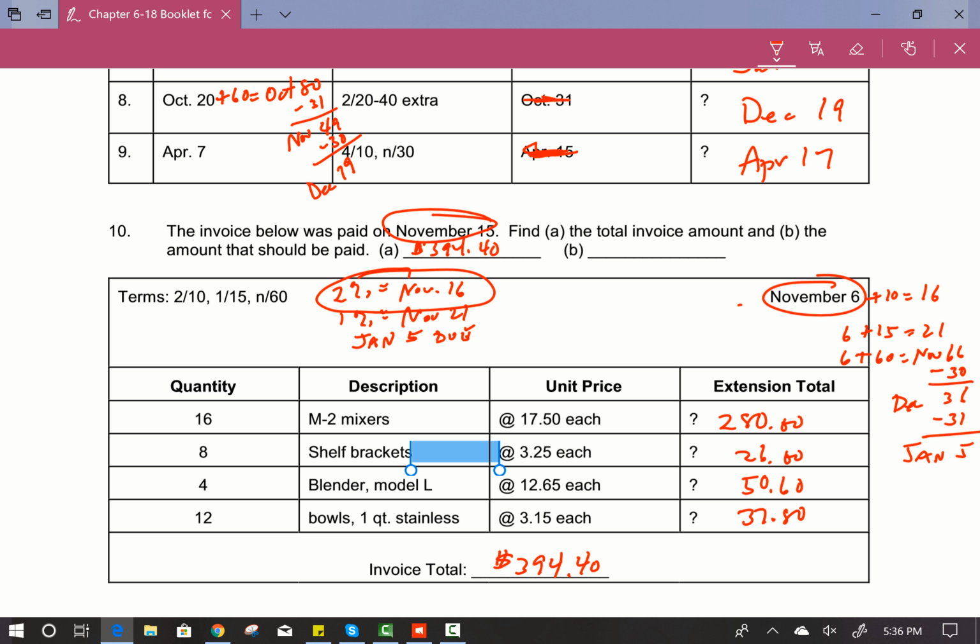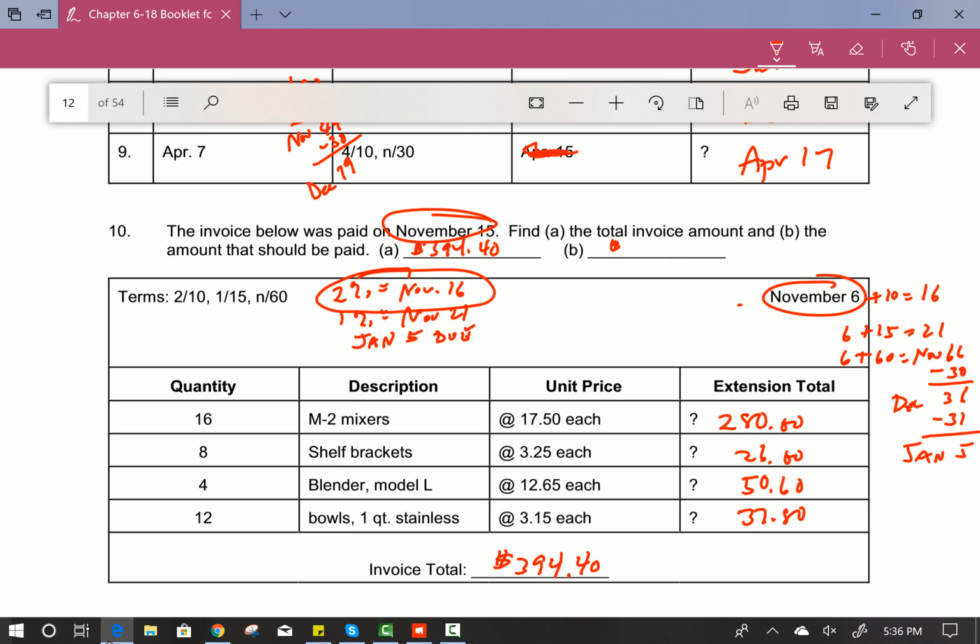So I'm going to take $394.40 and I'm going to take that times 0.98. That's a complement of 2%. $394.40 times 0.98. That'll give us $386.